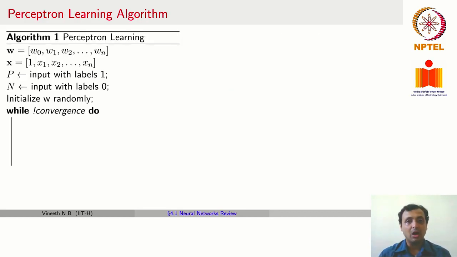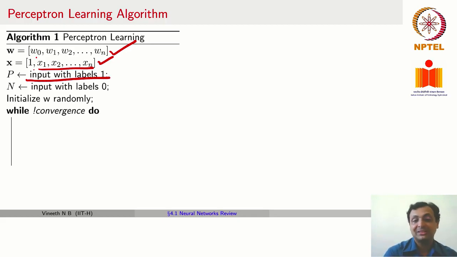Let's now look at how the weights of the perceptron are learned. So you have a set of weights w0 to wn. You have a set of inputs 1 and then x1 to xn. Remember, 1 corresponds to the input for the weight w0. You have inputs with, say, label 1.